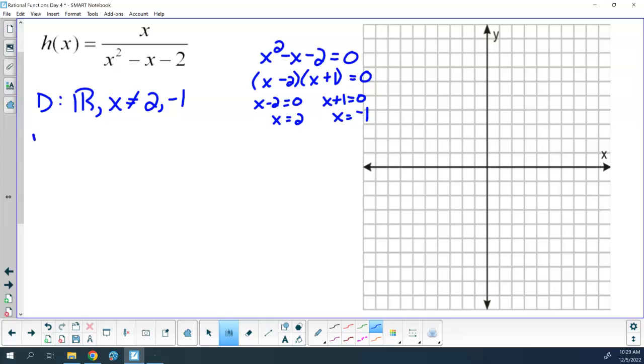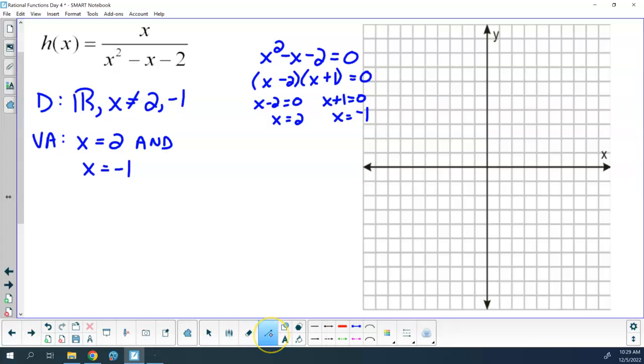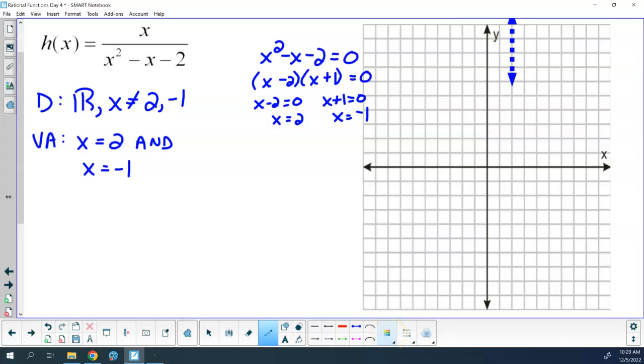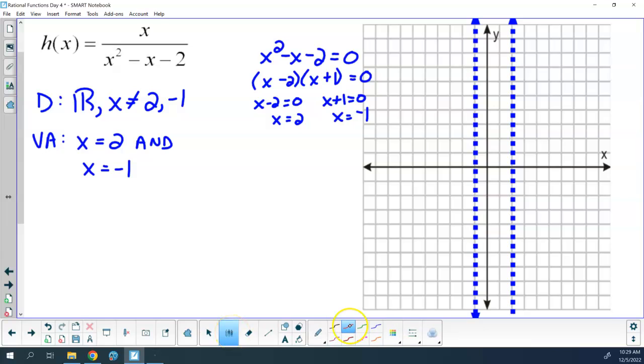Vertical asymptotes then: 2 and negative 1. Good on that.